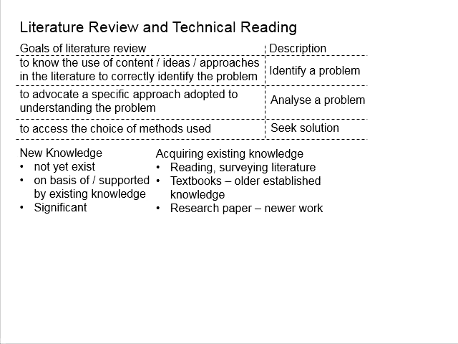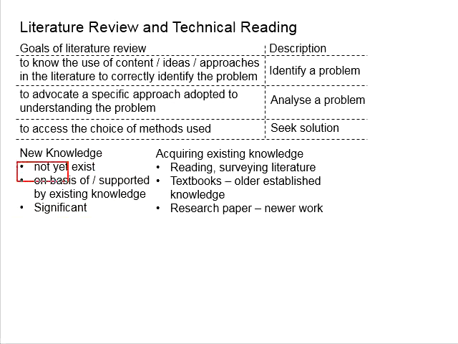Since we are talking about something new, in the research field it normally refers to new knowledge. This is the definition of new knowledge: it does not yet exist, it is founded on or supported by existing knowledge, and it should be significant.